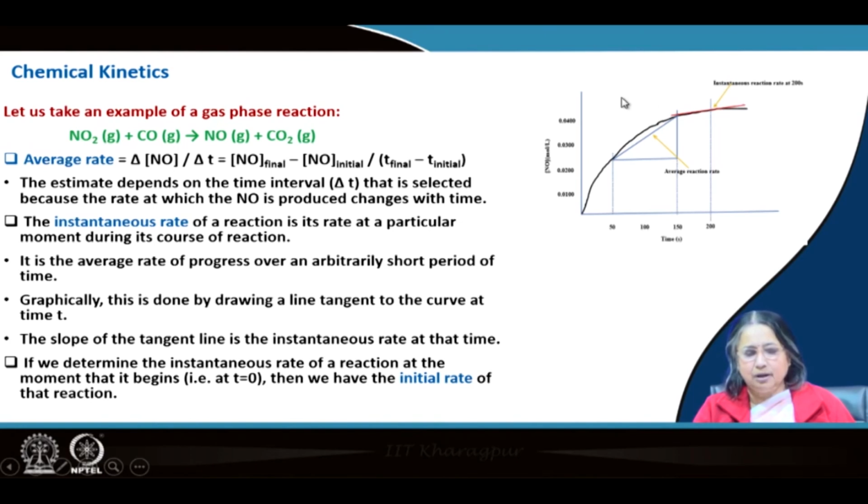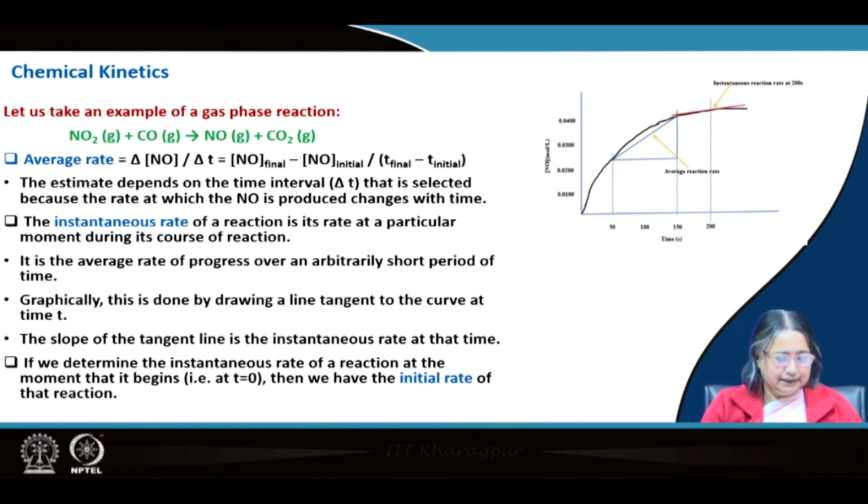Then the same way you have to draw the perpendicular from these cutting points, and then you know the concentration difference and you know the time difference. This way you can find out the instantaneous rate at this point. So, this is very easy.